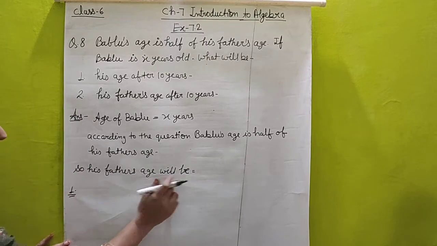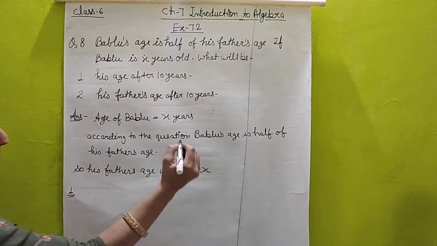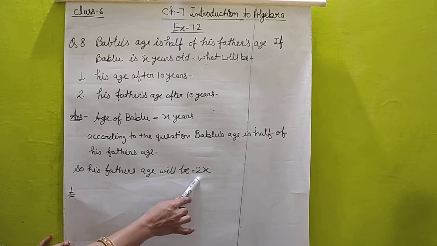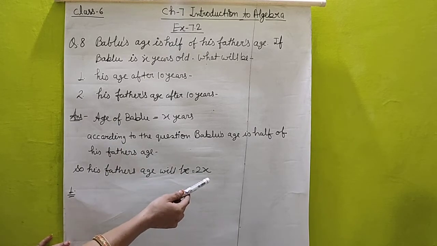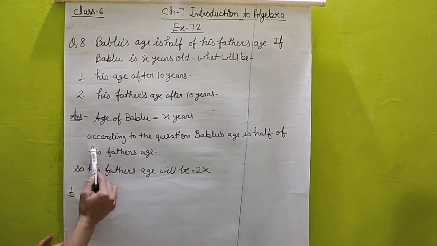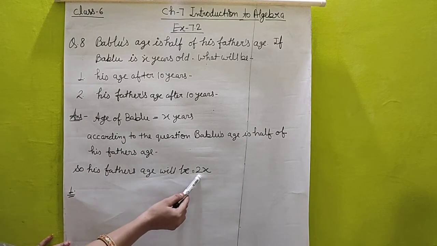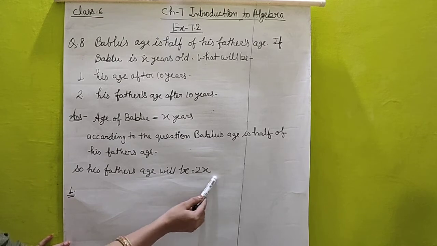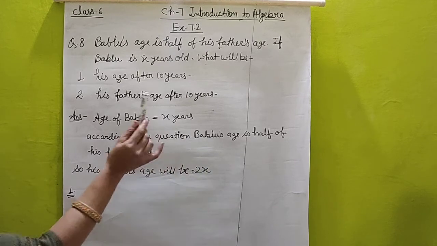So his father's age will be 2 multiplied by x. Okay, twice x. And you can cross check. Bablu's age is half of his father's age. Father's age is 2x. When you take half, when you divide by 2, you will get x again.